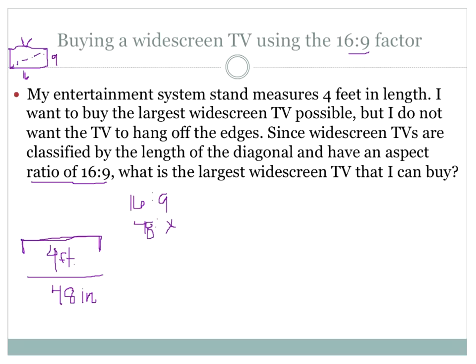Well, if this is 48 inches and we have a 16:9 ratio, we can set this up as 16:9 equals this ratio of 48 inches to x inches. Remember, x right now is the height of my TV. So with this new ratio setup, can we figure out what the height of my TV needs to be?